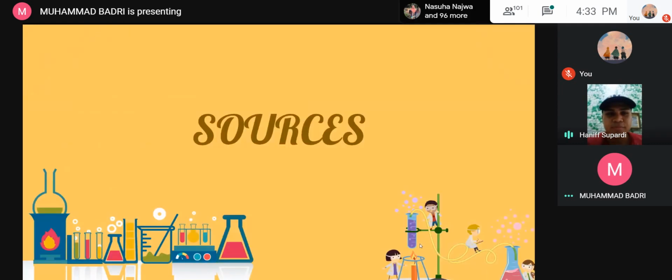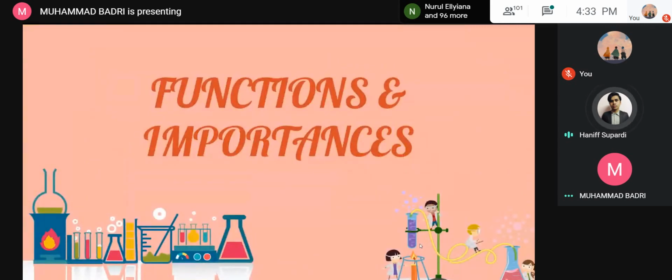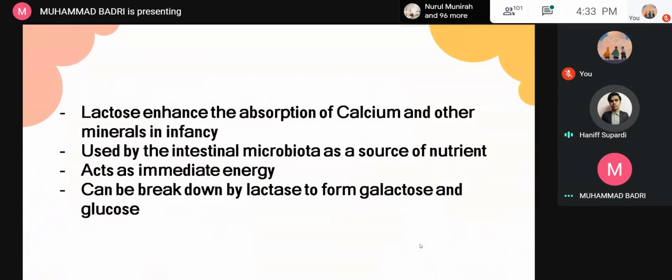Next, for the source: dairy products. We list 3 examples, which are milk, yogurt, and cheese. Like one of our classmates said just now, melting cheese. So this is the source, and lastly, the function and importance.